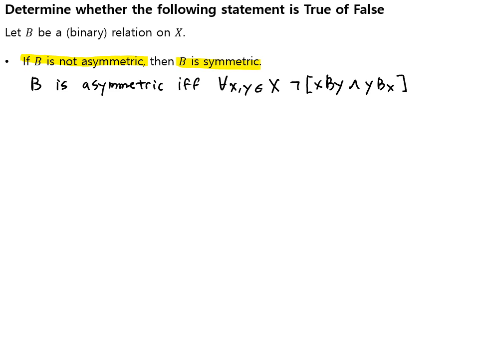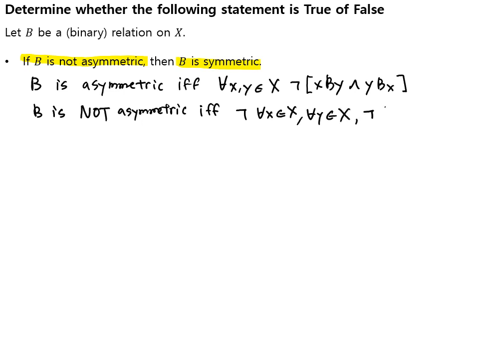Now suppose that B is not asymmetric, then this basically means that it is not the case that for all x in X and for all y in X, not x be y and y be x.